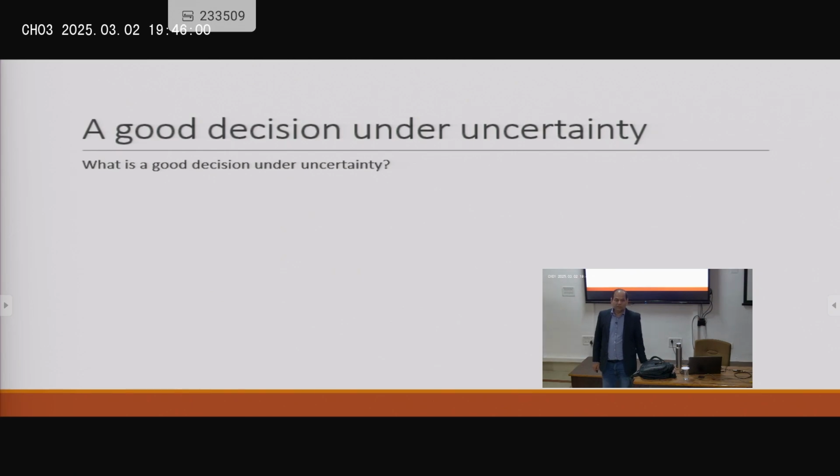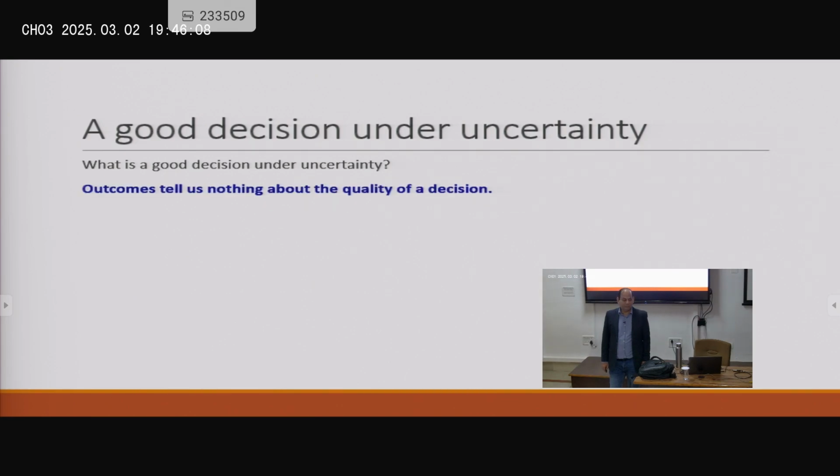What is a good decision under uncertainty? So first and foremost, we have to agree, outcomes tell us nothing about the quality of a decision. Okay, so we are biased as human beings to judge the quality of a decision by the outcomes that happen, right? It happens in sports a lot. Somebody takes a risk and it pays off.